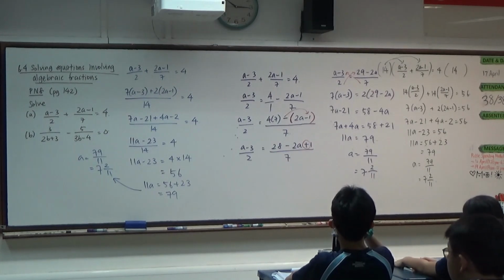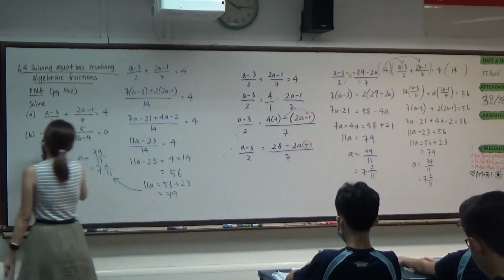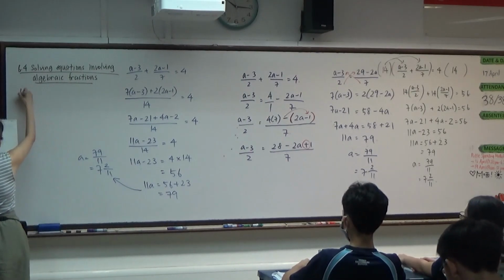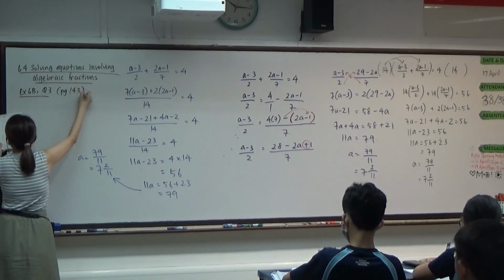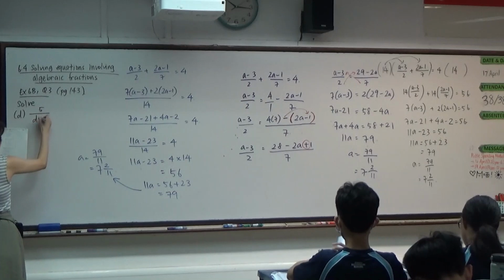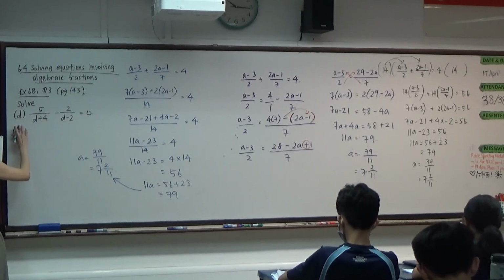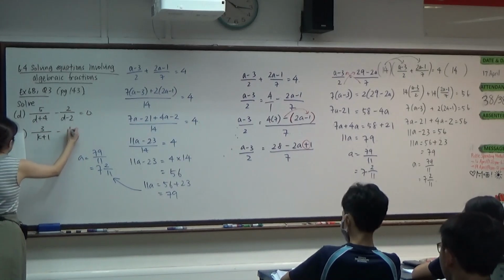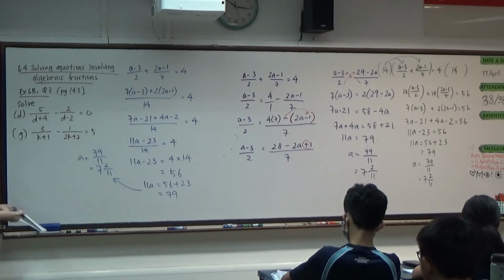Any questions? If not, I want you to try on your own. This topic, not much, they only give you one practice example. I want you to try exercise 6B, question 3, page 143. Just do part D. The problem about this question is that the denominators are not numbers.